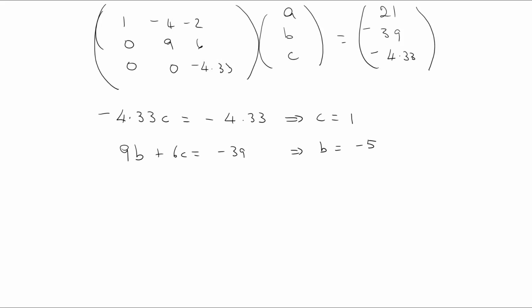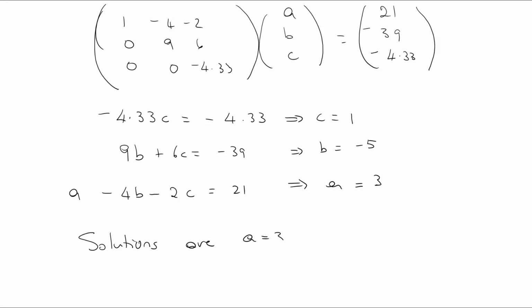And then put that into the top line, so that then we've got A minus 4B minus 2C equals 21, and that'll give us that A is 3. So the solutions: A equals 3, B equals negative 5, and C equals 1.